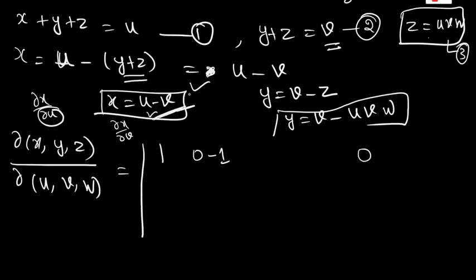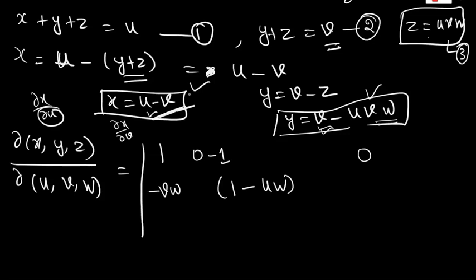So now similarly, y with respect to u, v, w we are going to do. Y with respect to u means this is a constant 0, and then vw is in multiplication, so I will write it as minus vw. Okay. Then what is the second term with respect to v? V differentiation is 1. So I'll write it as 1 minus, again v differentiation is 1, then I will write uw.